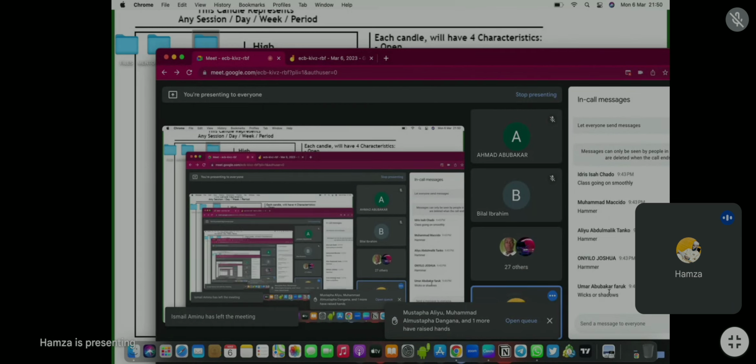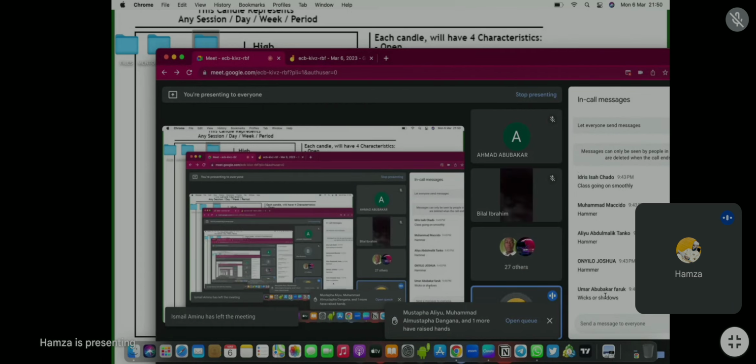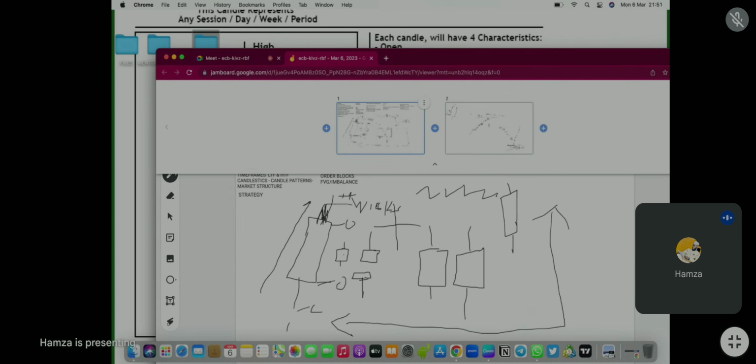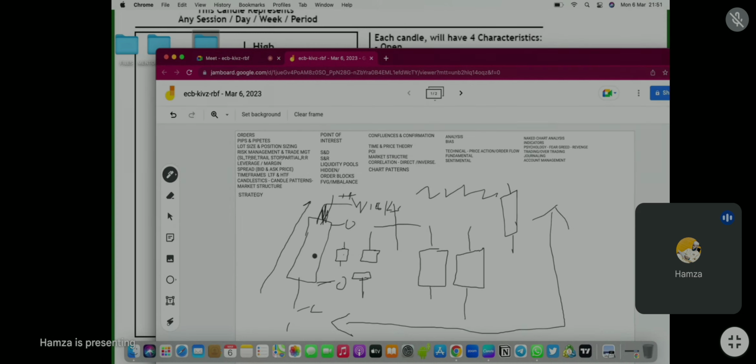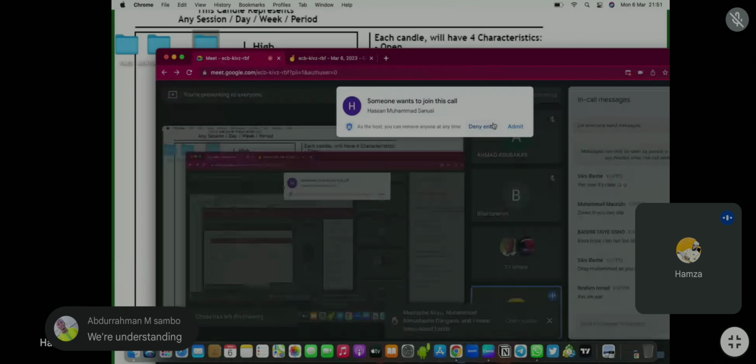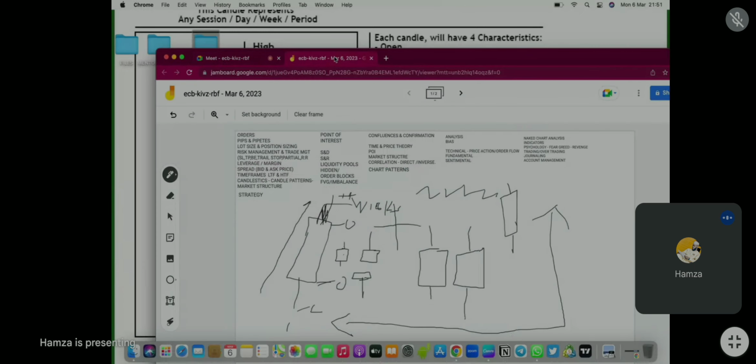Wicks or shadows. Yeah, we call them wicks or shadows. Please, just know that what I've explained to you earlier is simply the anatomy of candlesticks. Candlesticks have wicks and they have bodies. Their bodies normally have the open and close. Their wicks normally have the high and low.